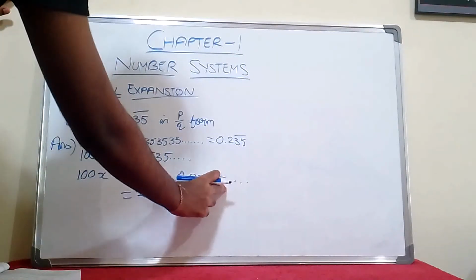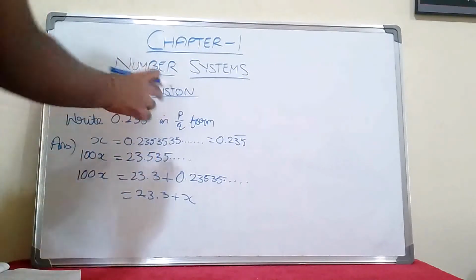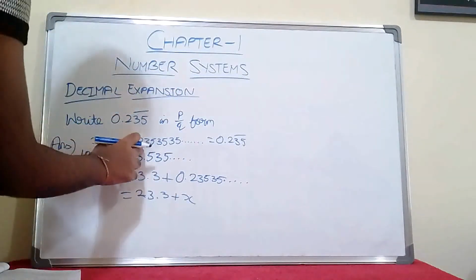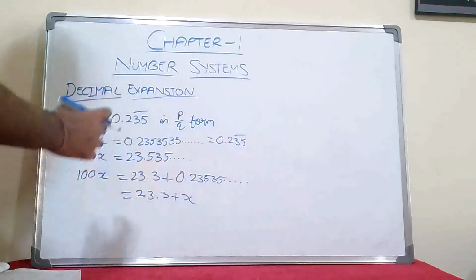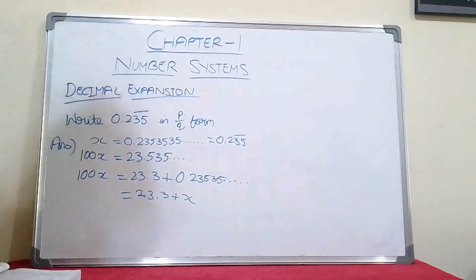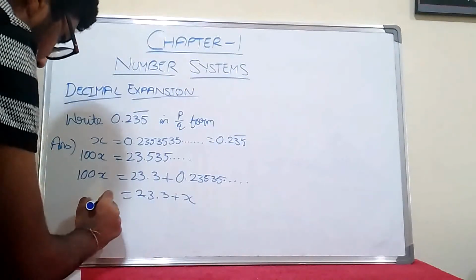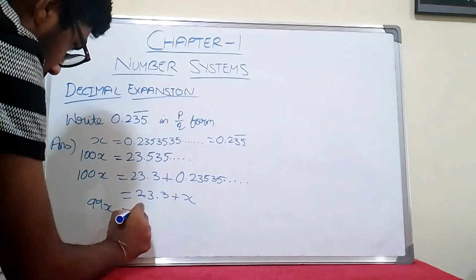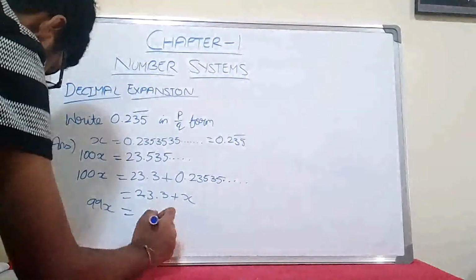So when we get a number like this, we can't directly subtract, because here this number is 23.535 and this is 0.235, so if you subtract also, it will be a different number. Likewise, we get here 23.3. So when we take x to the other side, it becomes 99x equals 23.3.